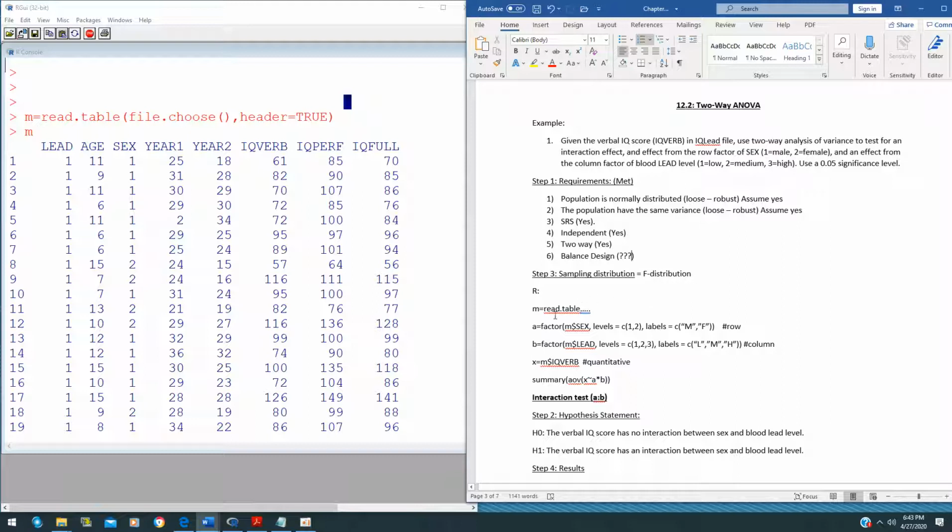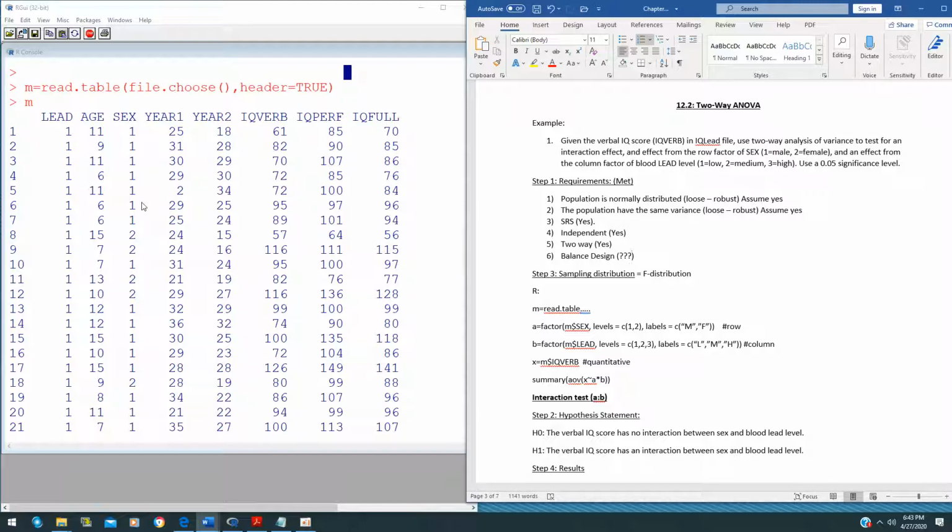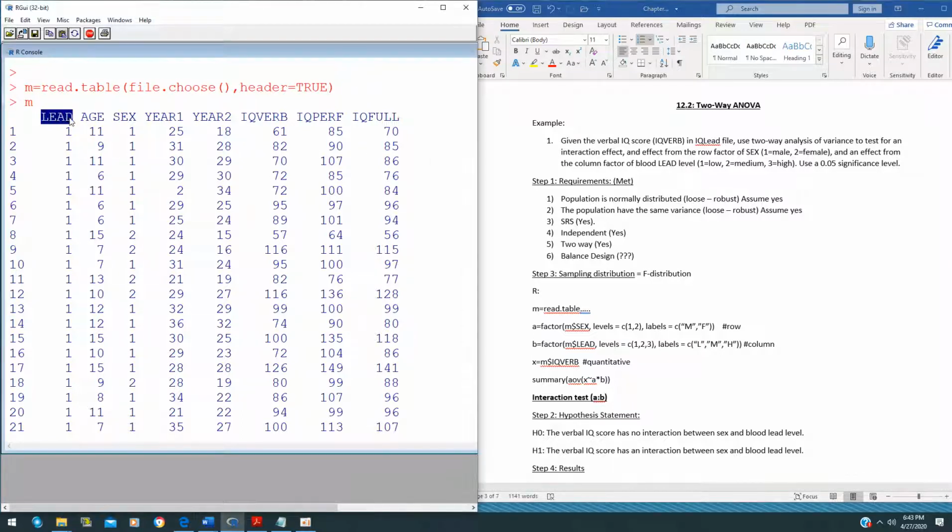So how do we do this? You use M equals read.table, and then you pick the file name called IQ lead. We have three important variables here: the lead level, the sex, and the IQ verb. The IQ verb is the quantitative variable.